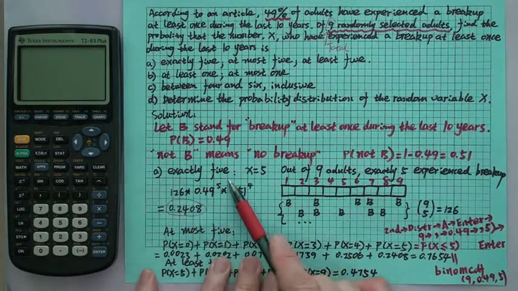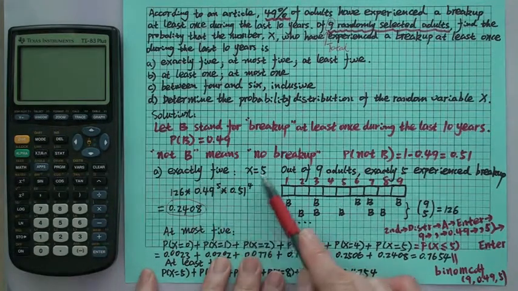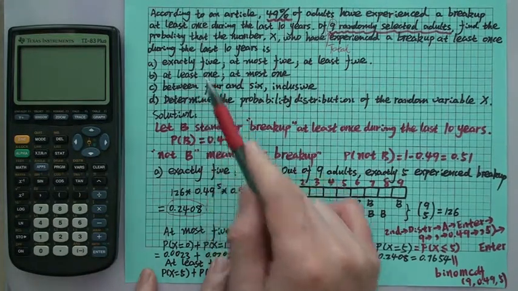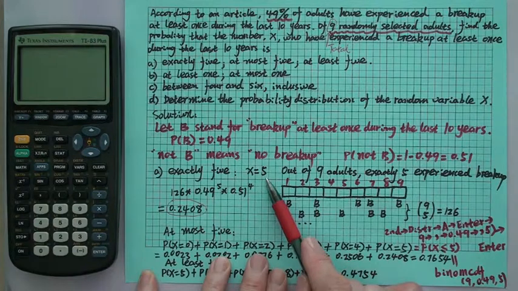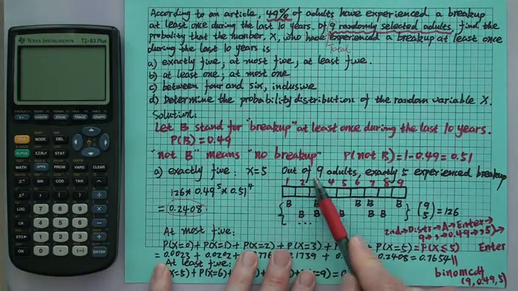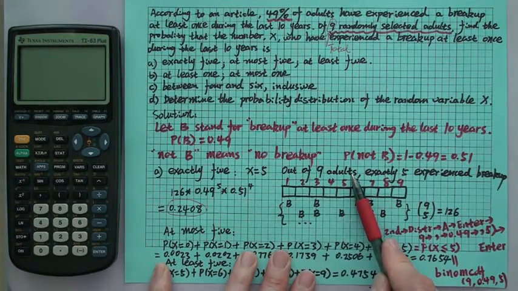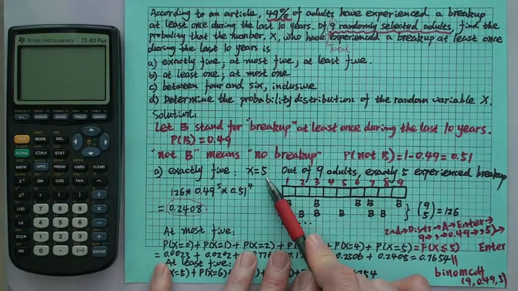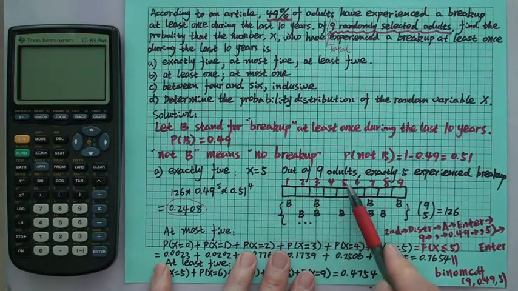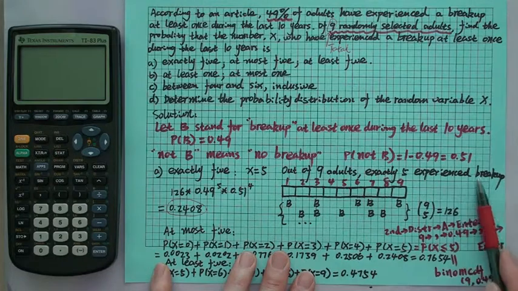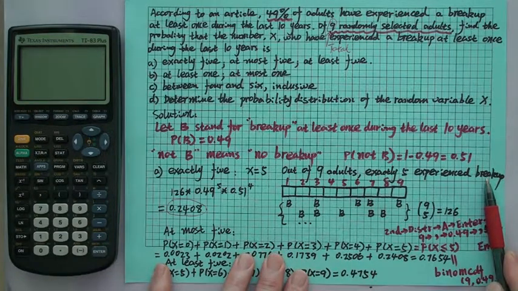Now, let's look at A, exactly 5. The first one, x equals 5, means out of 9 adults, exactly 5 people have experienced a breakup.